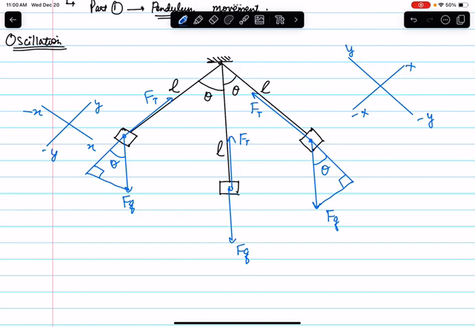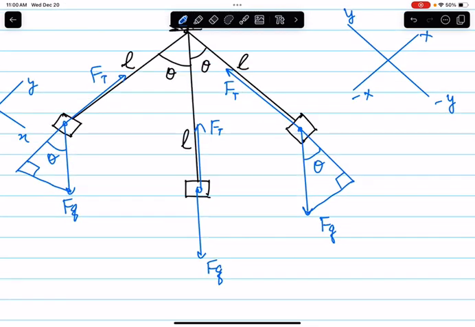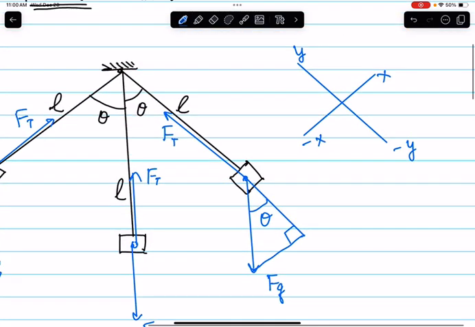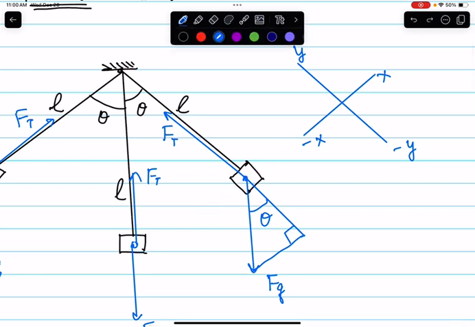Now, in this case, if you draw the axes over here, then we can decompose the gravitational force. In the axes that we can see over here, this is x, y, and negative y.